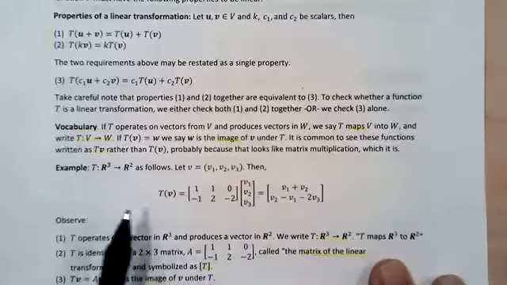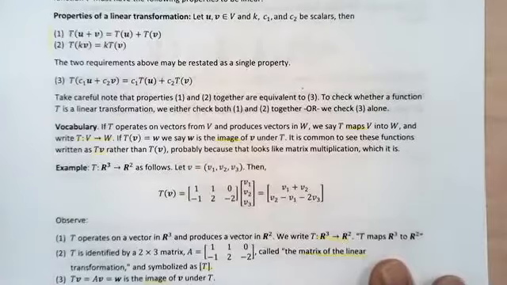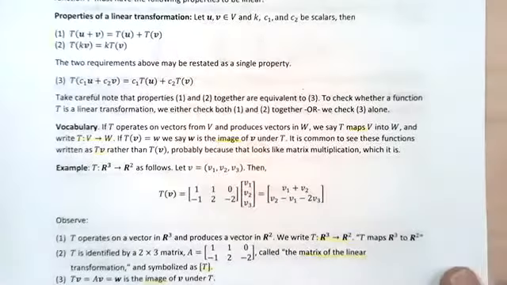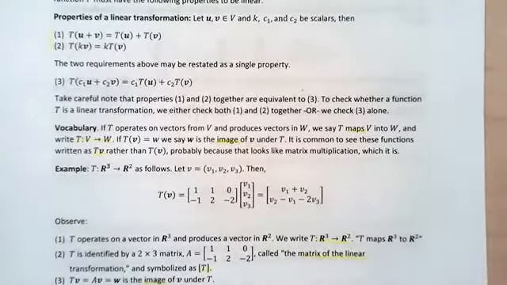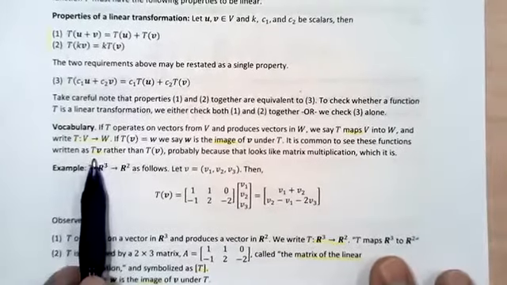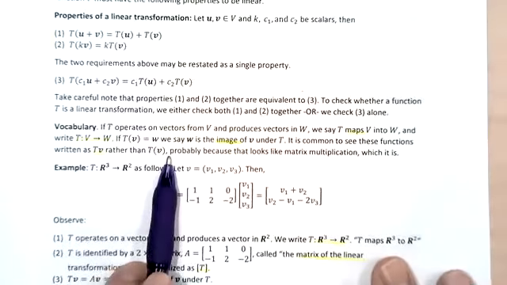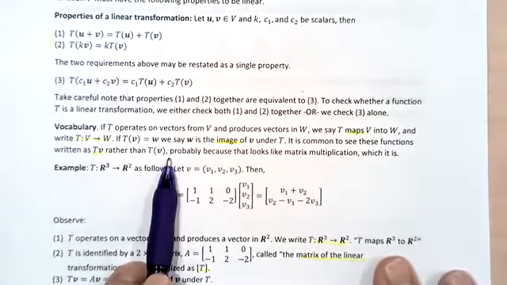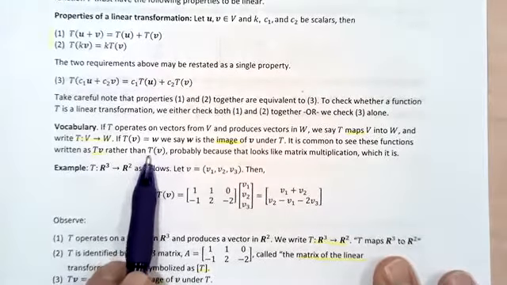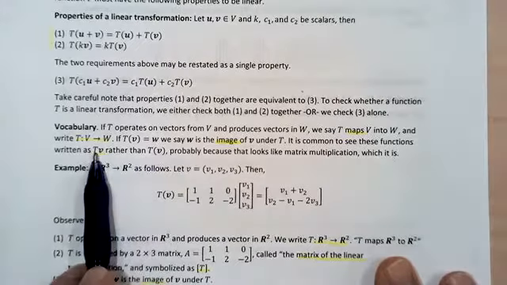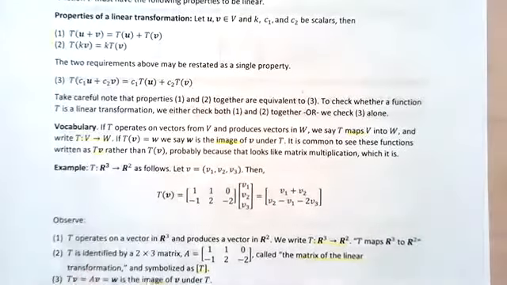So it's the image of V under T. Okay, and it's common, as I mentioned before, to see that written as TV rather than T of V. And the reason is that for this transformation, you could come up with a matrix that would do it. And if you called the matrix T, then T times V would indeed be the image of V under transformation T.